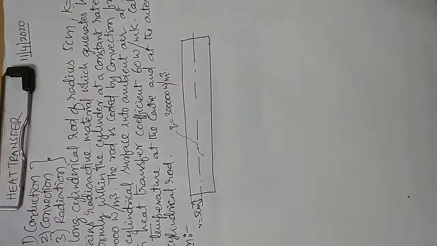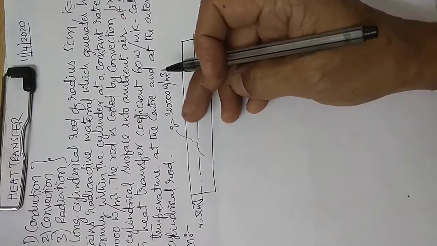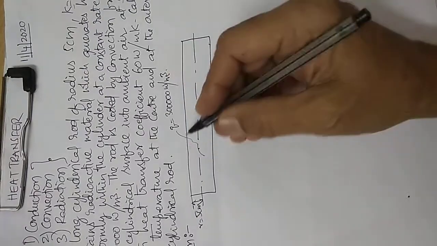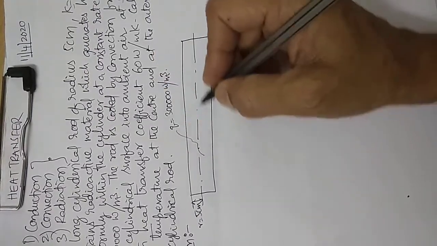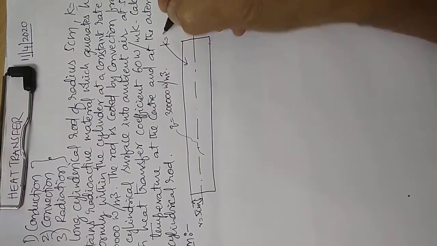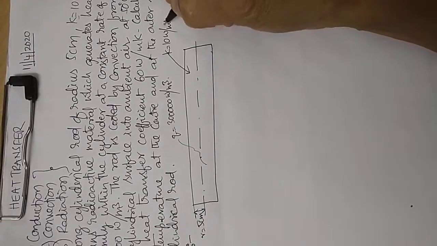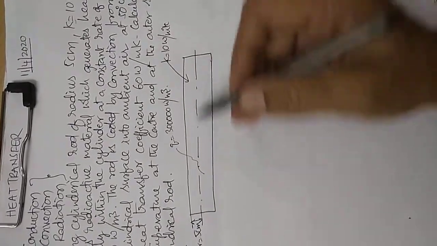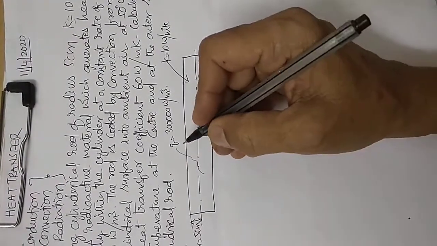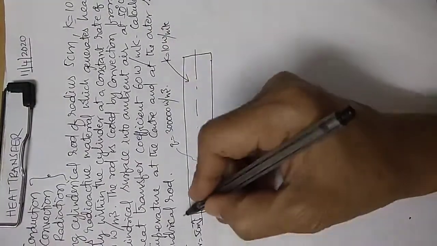That means for every unit volume of this cylinder, the radioactive material is generating about 3 lakh watts. The thermal conductivity of this material, K, is given as 10 watts per meter degree Kelvin, and the ambient air is at about 50 degrees.